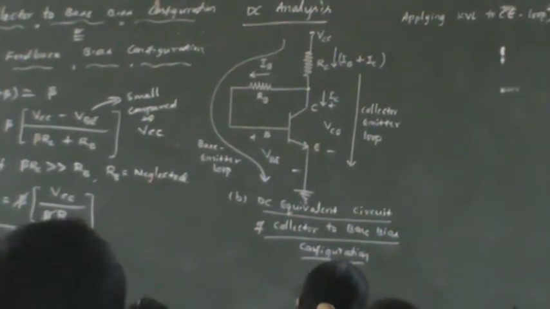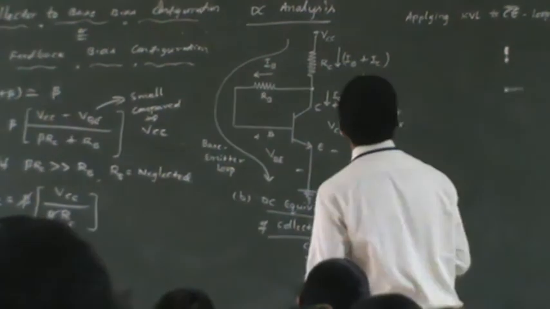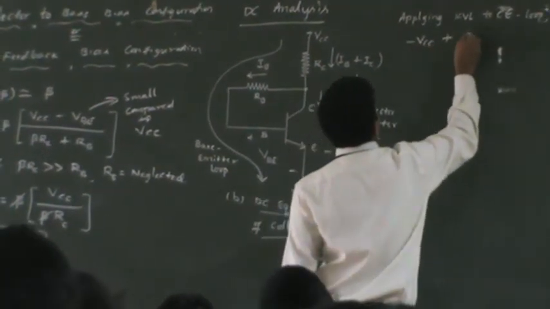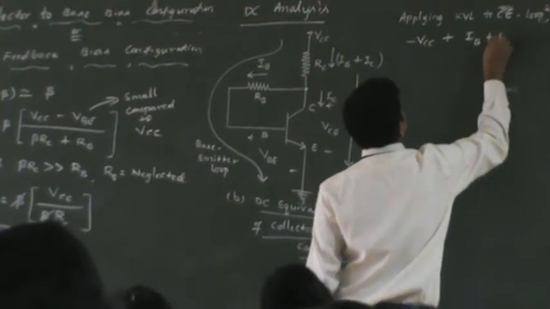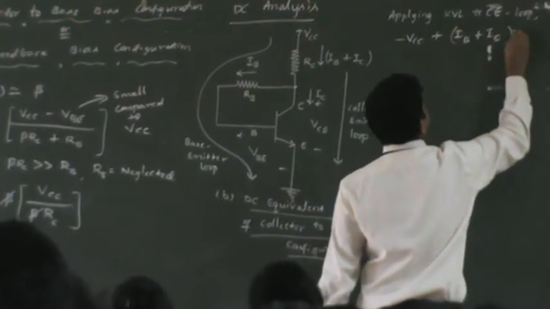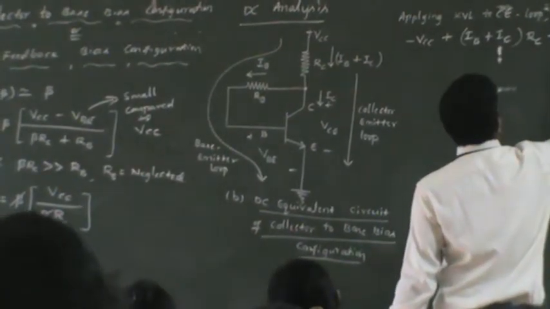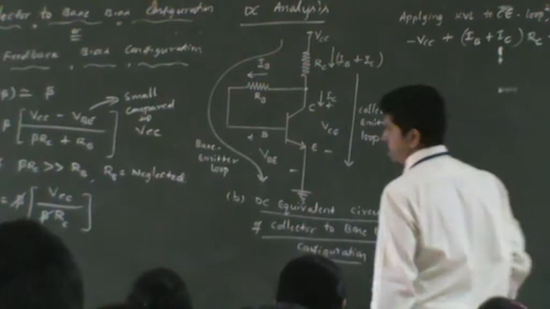What will be the expression? If you apply KVL to the collector emitter node, minus VCC plus IB plus IC times RC plus VCE. Anyway, we don't have RE, is equal to zero.